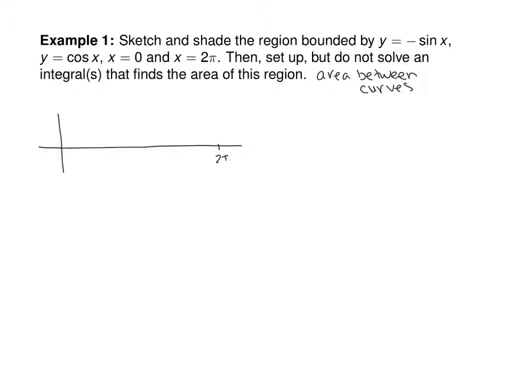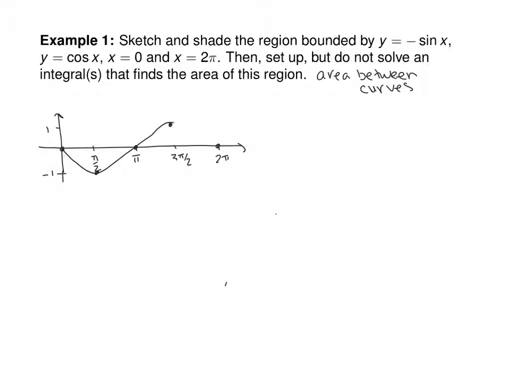So first, negative sine x. All right, so sine will begin at 0. By pi halves will be at -1. By pi will be at 0. 3 pi halves will be at 1, and 2 pi will be at 0.